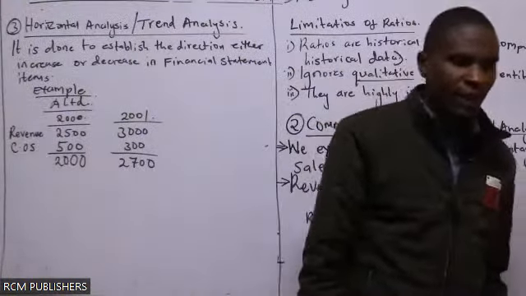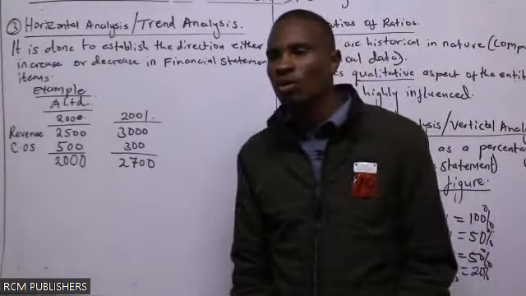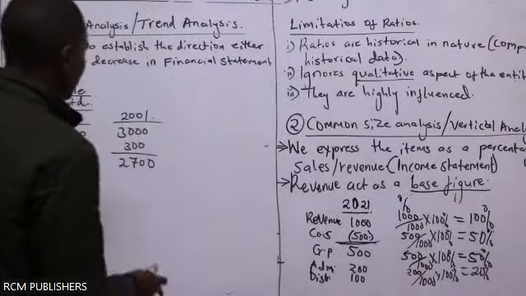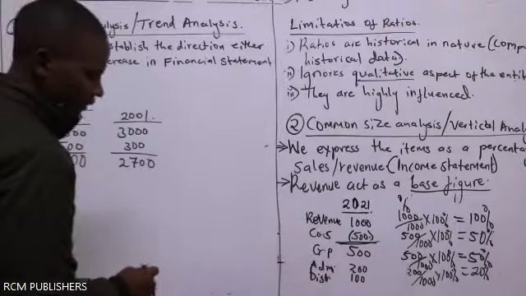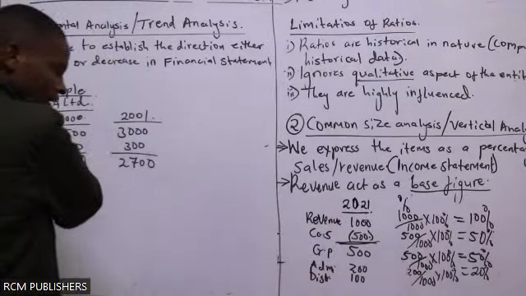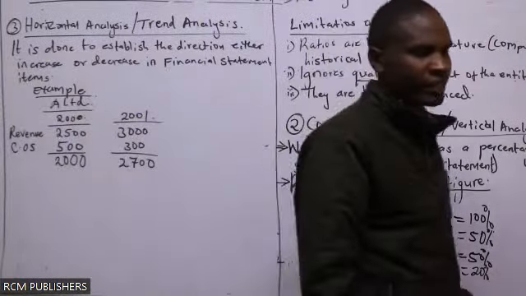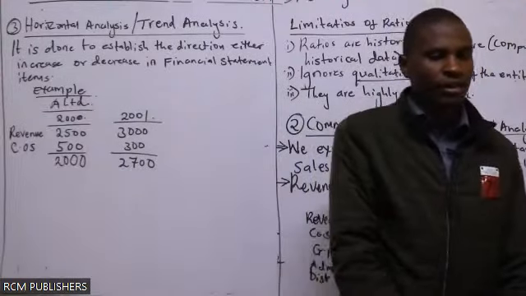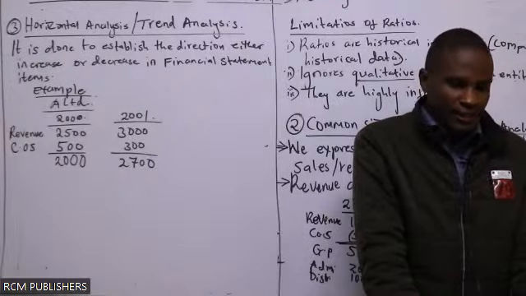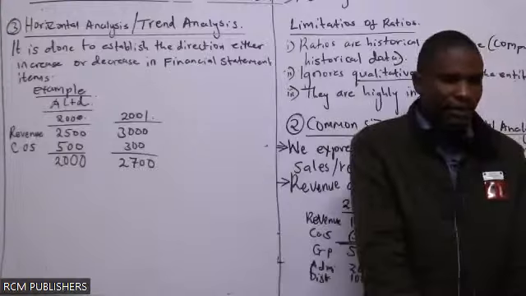So the first thing you need to look at here is what is the increase or what is the decrease. Was there an increase or a decrease in the first item? They are telling us an increase?